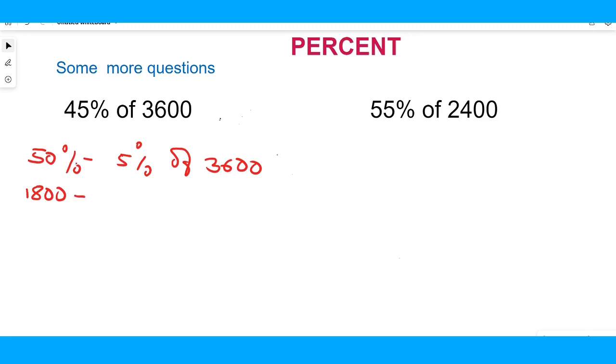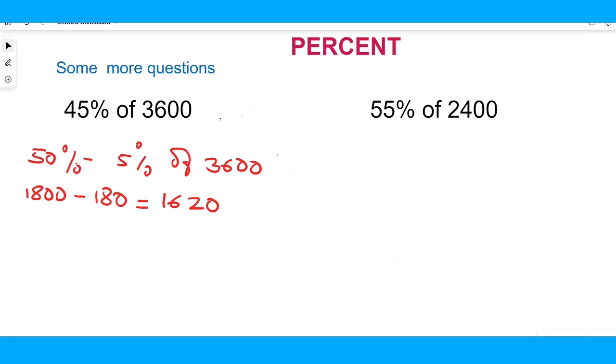Thus, if we take 1/10 of 1800, that comes out to be 180. This is equal to 1800 minus 180 is 1620. So 45% of 3600 is 1620. This way we can calculate easily the 45% of 3600.